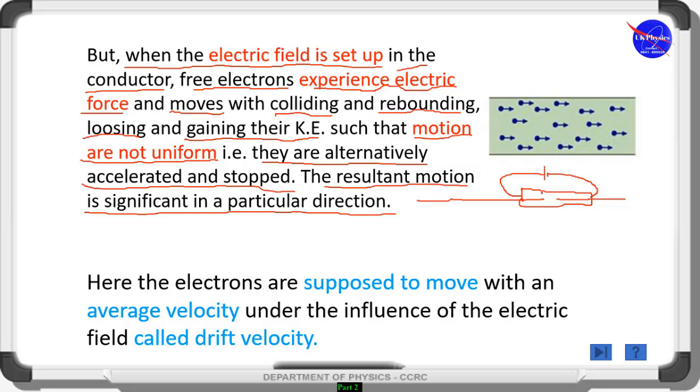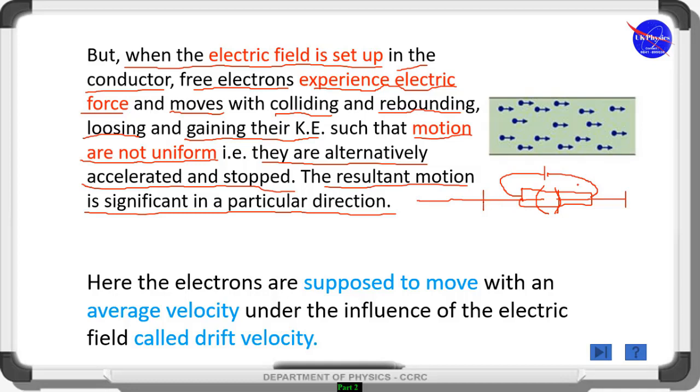So finally, if we calculate the net flow of electrons inside the conductor through any cross section, we get the sum of the electrons flowing in a particular direction.